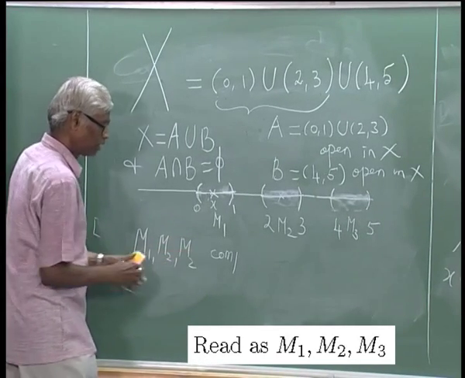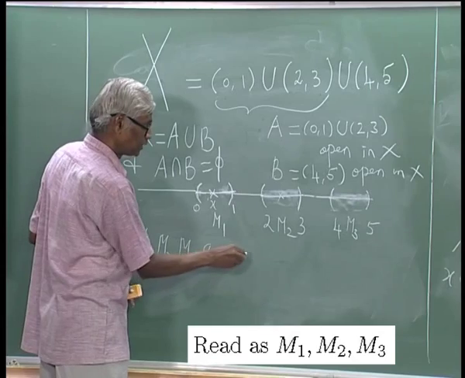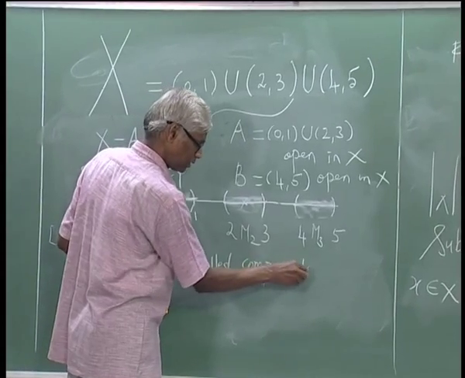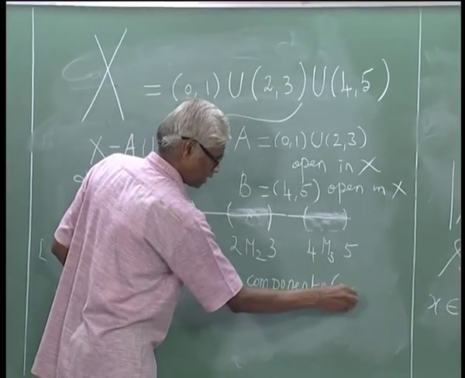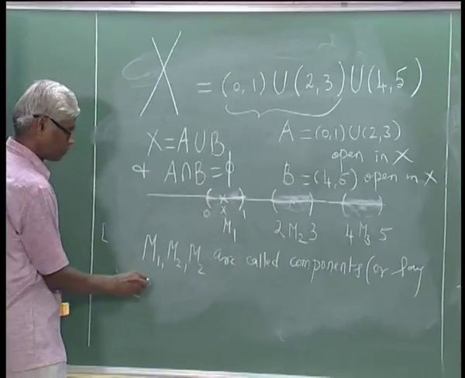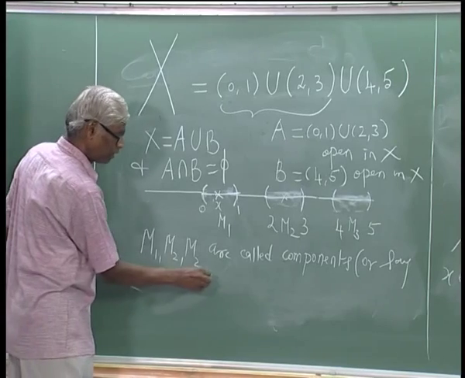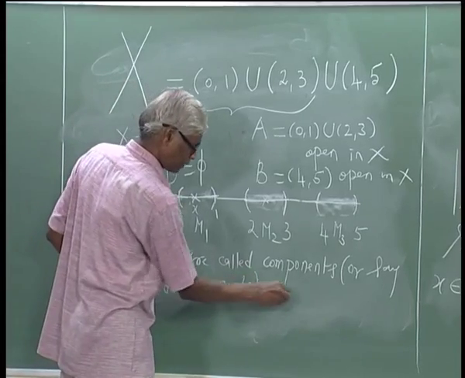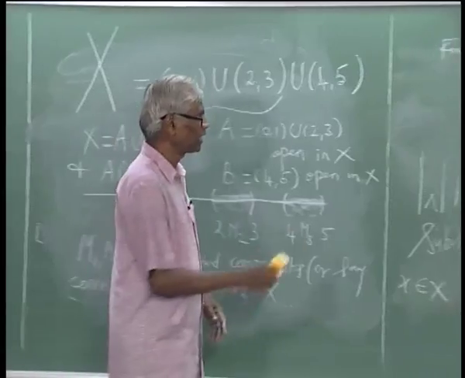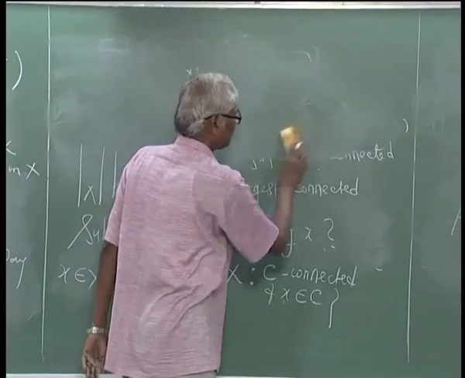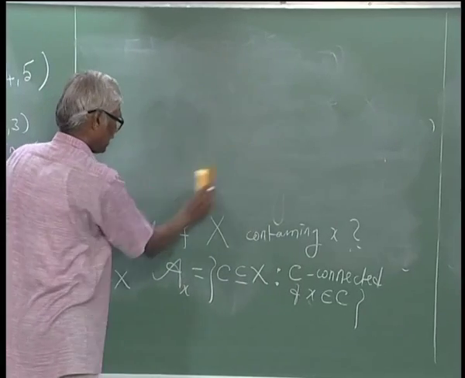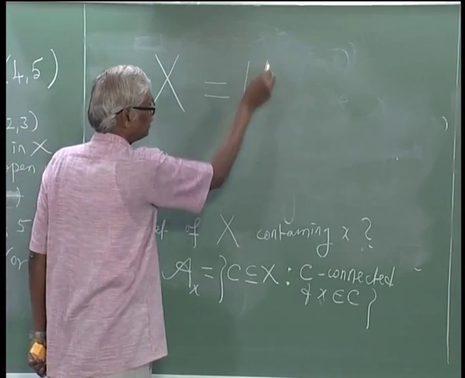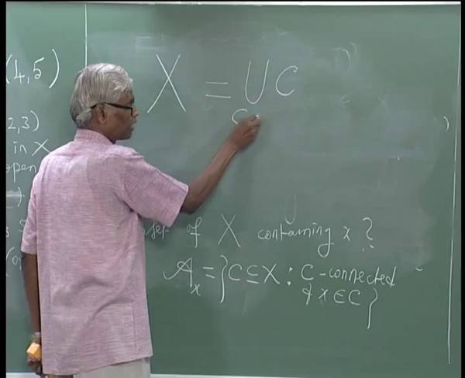M1, M2 are called components; when we say component we mean connected component of the space X. They are all connected components of X, and one can write X as a union of such C, where C is a component.